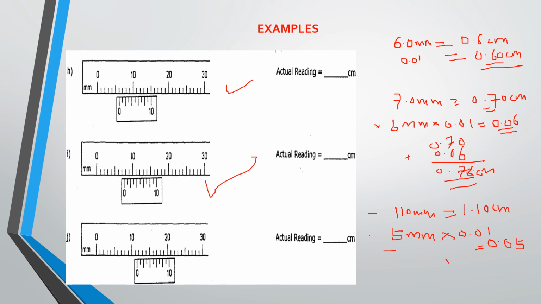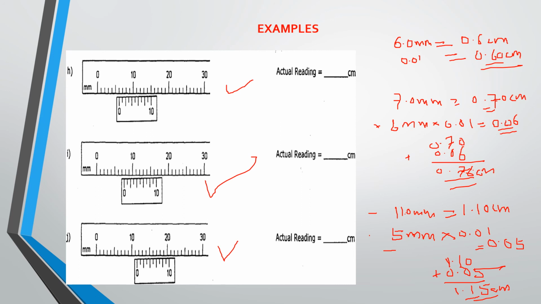So you have 1.10 plus 0.05. So that gives you 1.15 centimeters. So this gives you the Vernier scale reading for this last one.